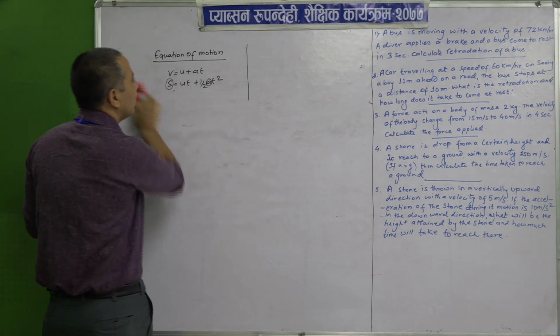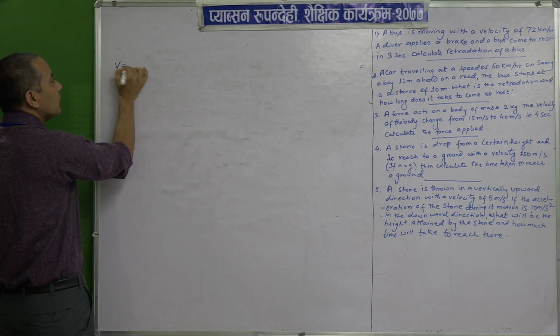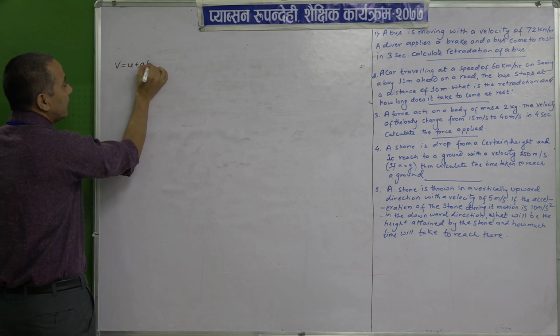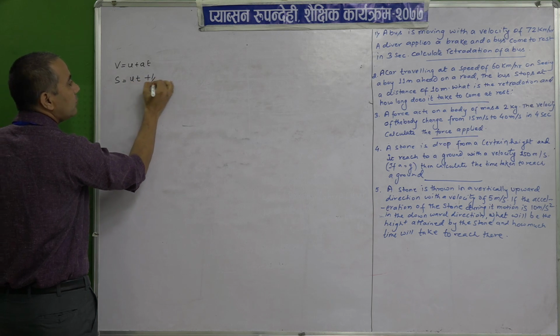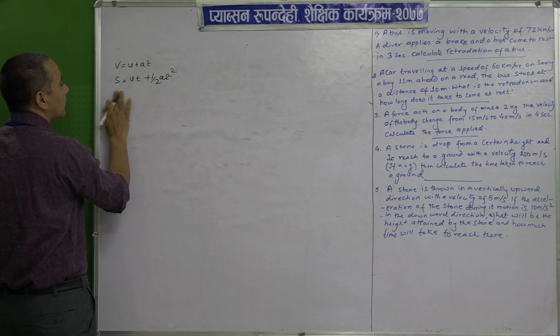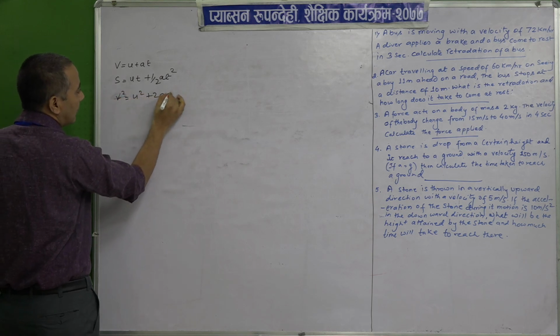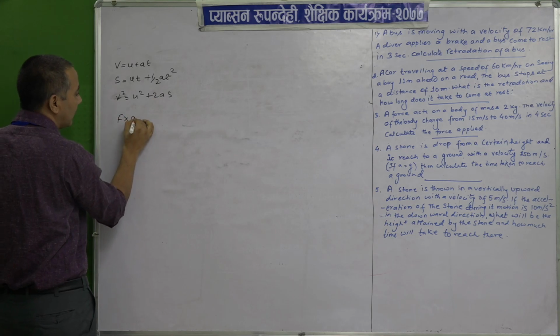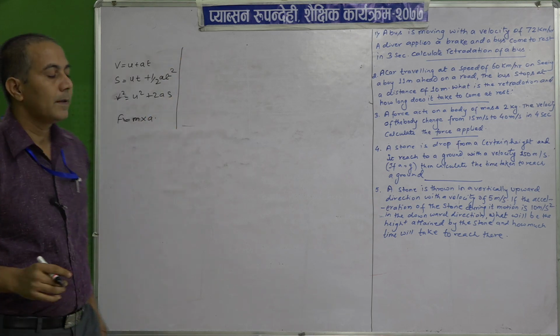Let us take some examples. I will write here so that it is easy to see which type of formula is to be used in which question. Let us see the first one.